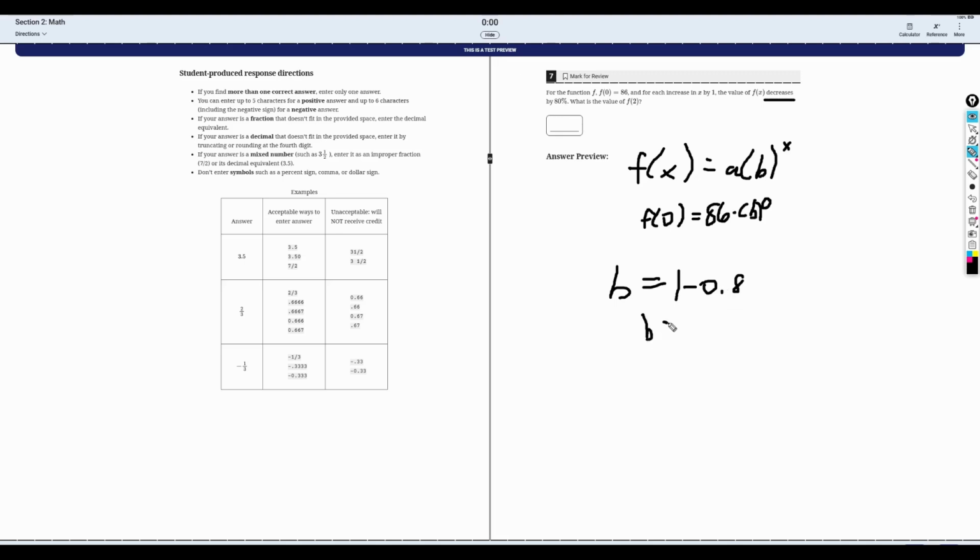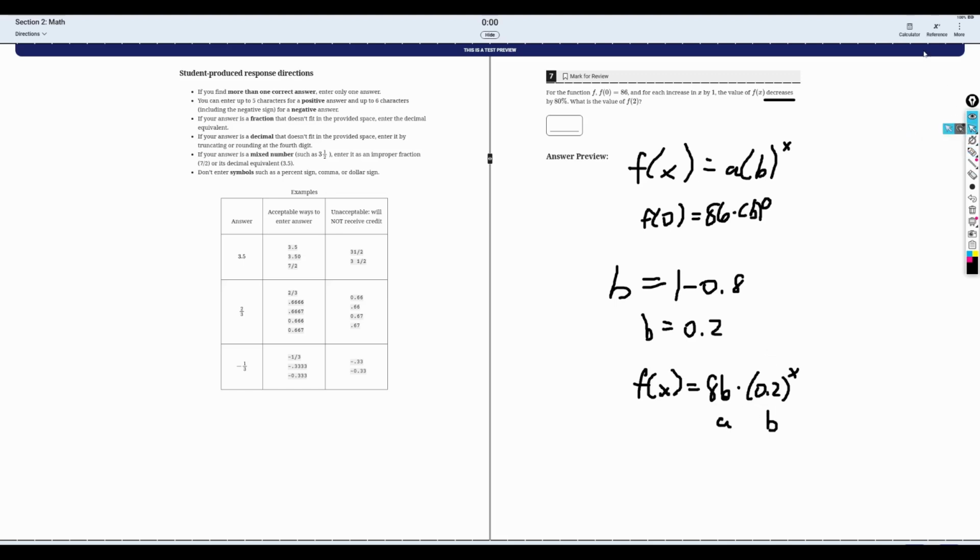So b equals 0.2. So then we get f of x equals 86 times 0.2 to the power of x, because 0.2 is our b and 86 is our a.